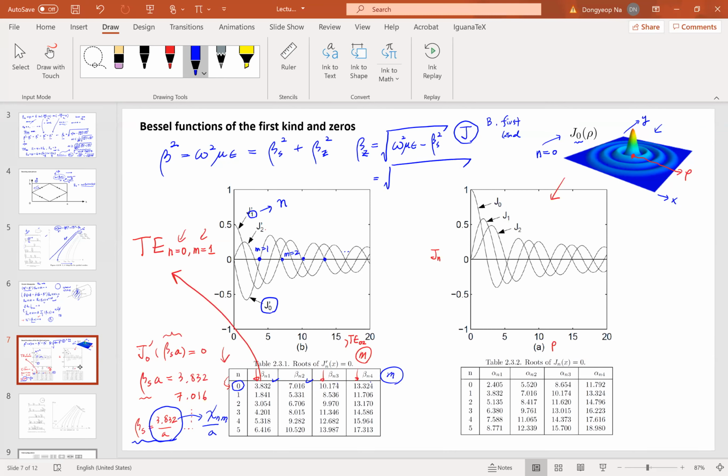If we plug in this expression, it's going to be omega squared mu epsilon minus chi nm over a, where a is the radius of the circular waveguide. Sorry, this is not squared; this whole thing should be squared.